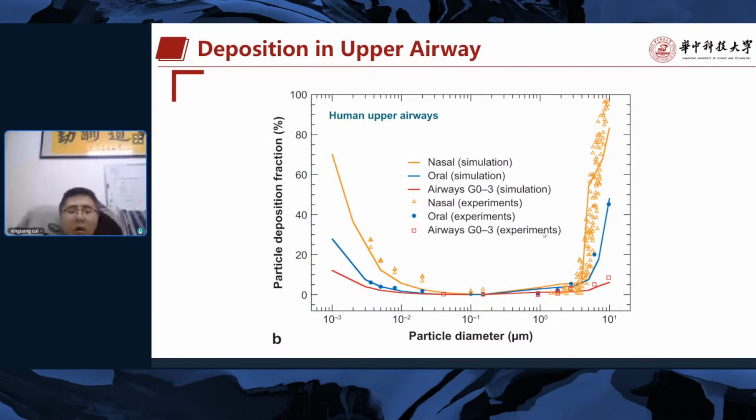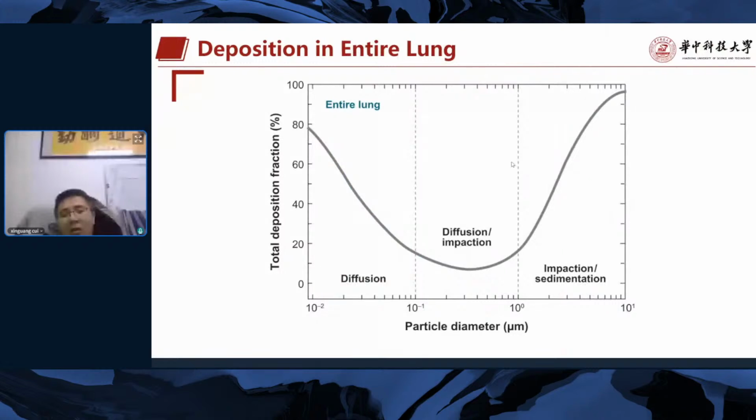And in fact, we already know that particle deposition has a U curve in the upper airway and also in the whole airway. It means that for too large particles, they cannot go inside the human respiratory tract, because they are filtered by our mouth and nose.